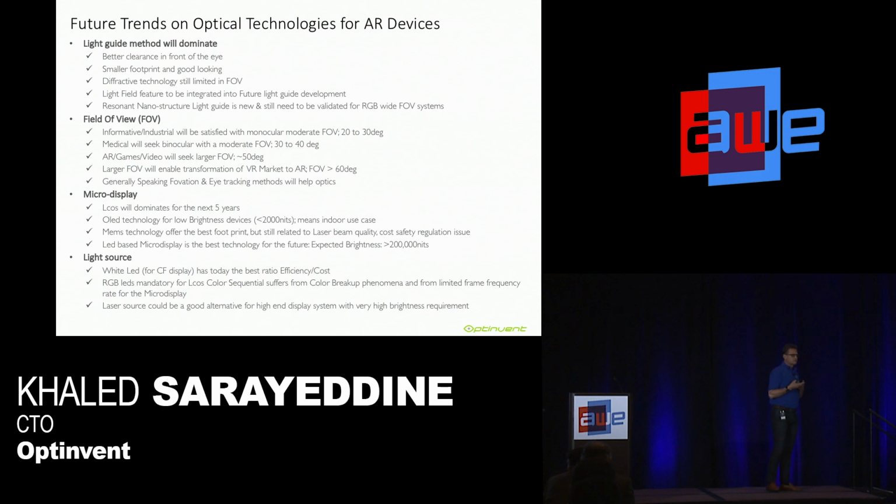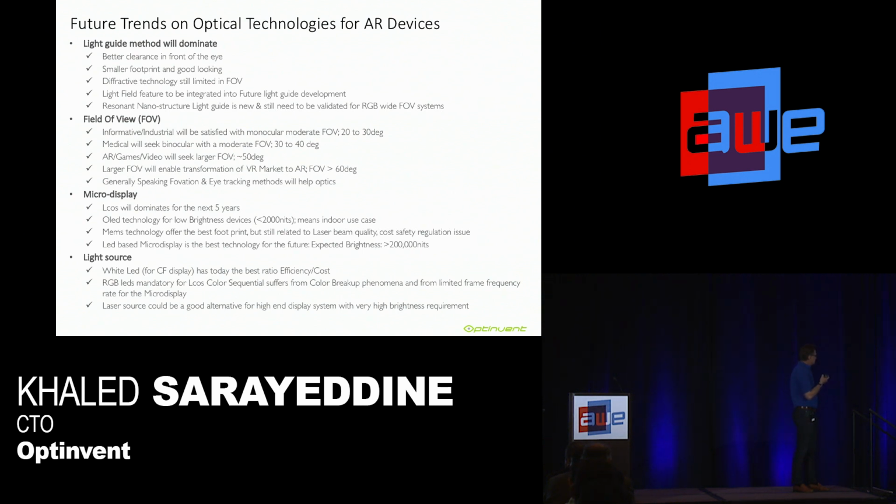Some other manufacturers are using DMD, like DigiLens. DMD is quite complicated because it is monosource, and sometimes it is expensive and complicated to implement. OLED technology could be very good because it has very good contrast. The problem today is that it does not generate enough brightness to be used.